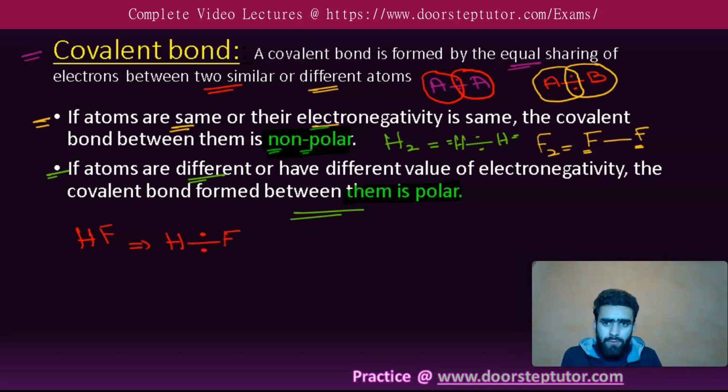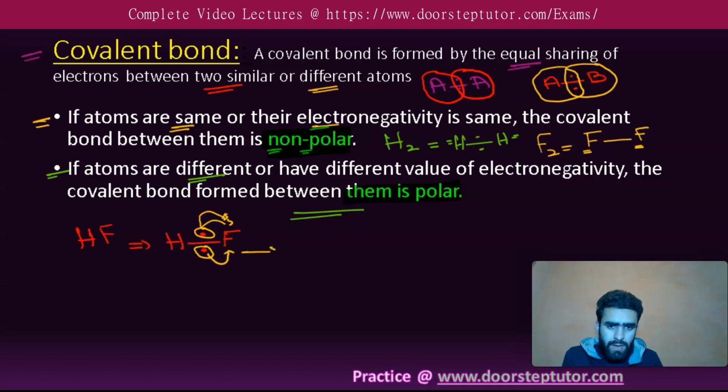Fluorine, being the most electronegative atom as compared to hydrogen, will try to pull these electrons towards itself.